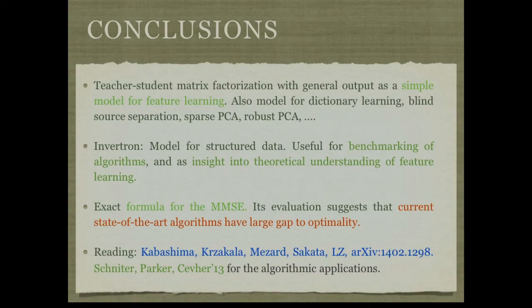But at least we can do some theory and compare the existing algorithmic performance to what should be possible on that model, and that gives us some understanding. That's the spirit of this work. And so what we derived were the formula for the best error independently of algorithmic complexity, and the conjecture for the best achievable error with algorithms.